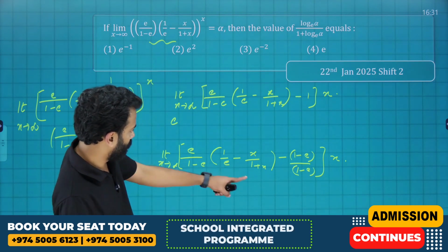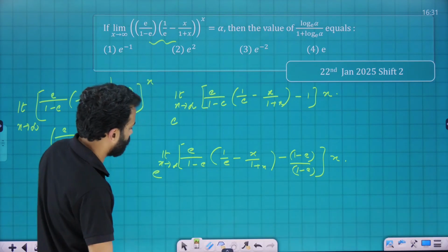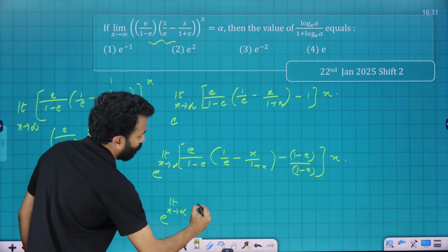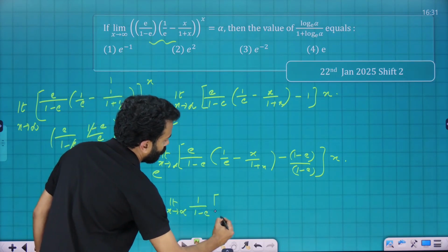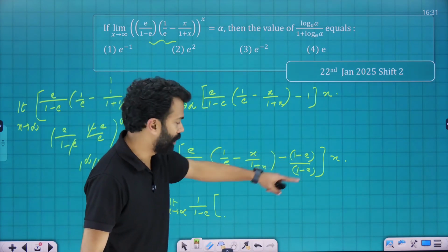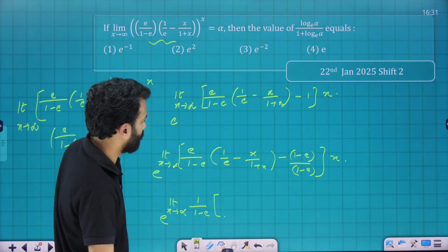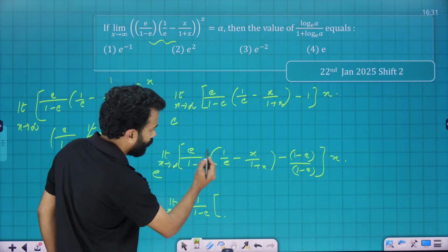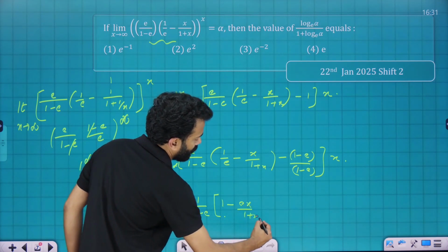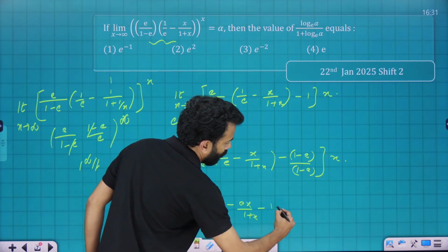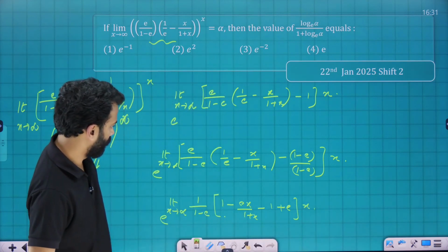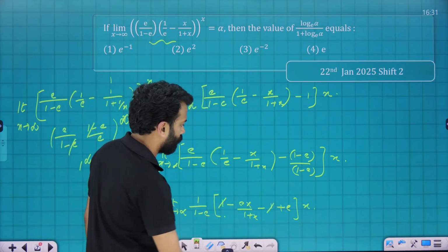And we can take 1 minus e outside. That was our objective. That is e raised to limit x tends to infinity 1 by 1 minus e, I took it outside. So here we have 1 minus e left. What is e into 1 by e? We can multiply this: e into 1 by e becomes 1, minus ex divided by 1 plus x, minus 1 plus e, into x. It will be like this, and this one got cancelled.